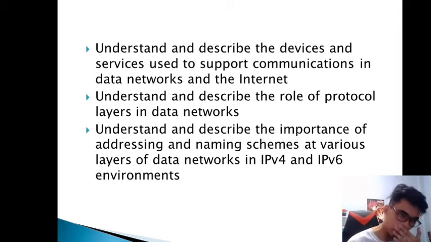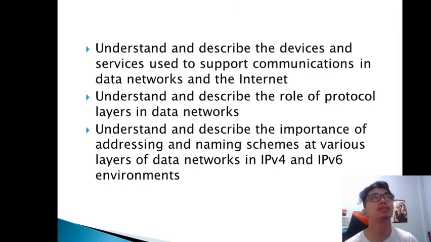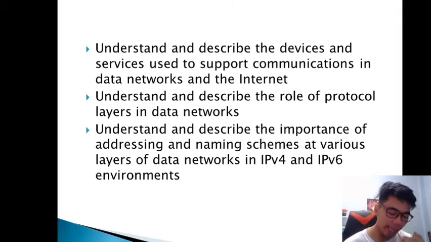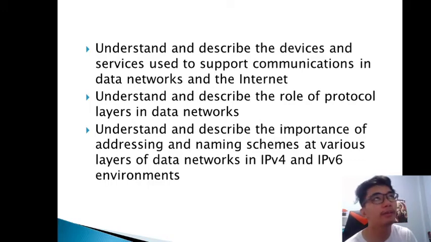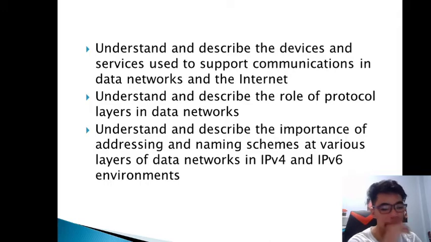Then the MAN is the metropolitan area network, which is larger than a LAN but smaller than a WAN, or wide area network. It is used in places like the ACT. Then the WAN, or wide area network, has a wide geographical range and is used across the world. In order to connect to other places, you need a WAN.